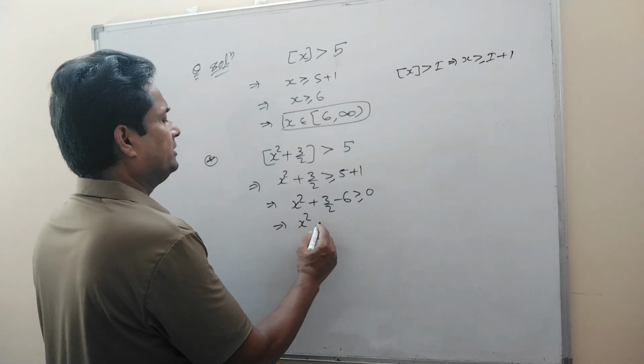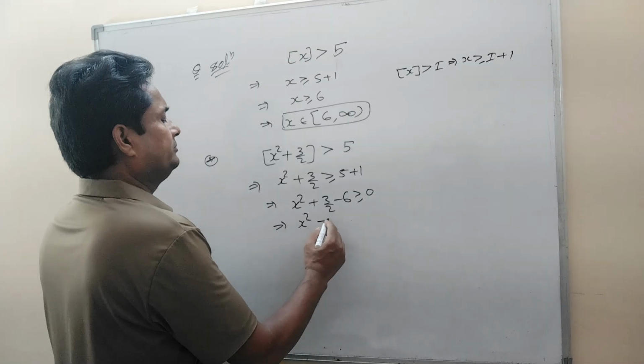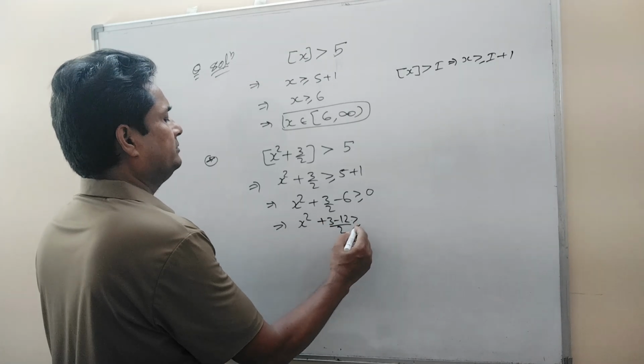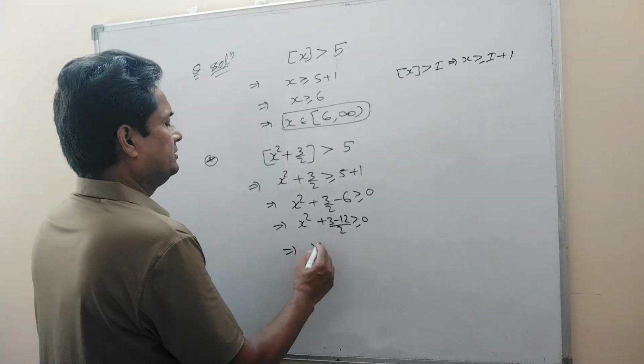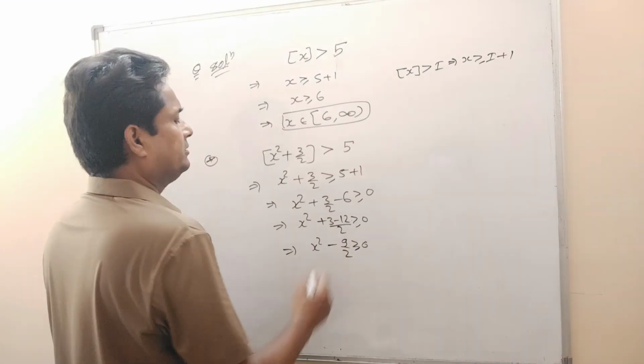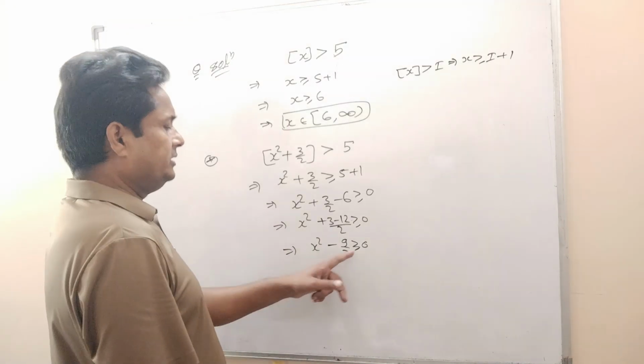That means x square plus 3 minus 12 divided by 2 greater than or equal to 0. That means x square minus 9 by 2 greater than or equal to 0. So factorize this one.